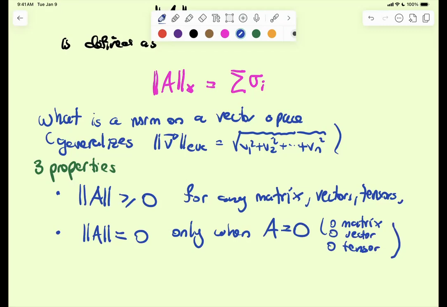Okay. And then the two properties that are a bit more interesting, that make it nice, start with the scaling property. If you rescale the vector, the matrix, or the tensor by a scalar, you can take it out in absolute value.